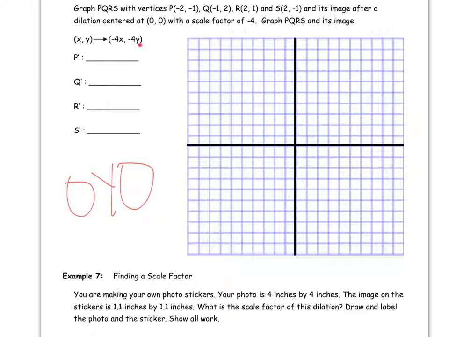So really all you're going to do is write down what the pre-image points are for P, Q, R, and S right here alongside their new points. And then you're going to take that X value and multiply by negative 4, take that Y value and multiply by negative 4, and get your new points. And then please don't forget to graph.